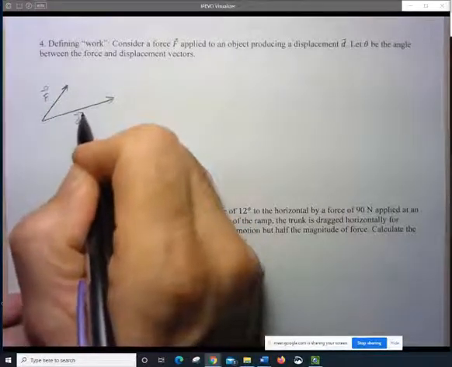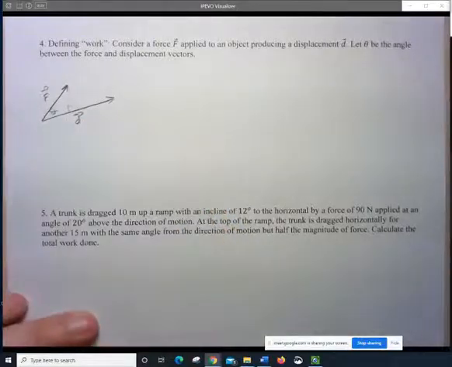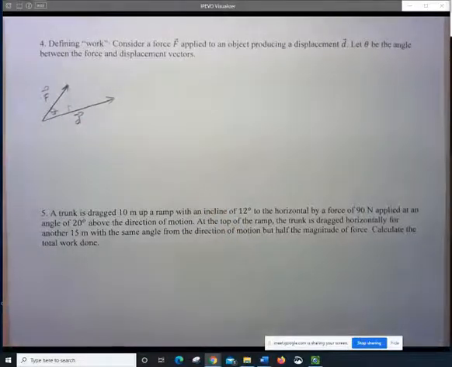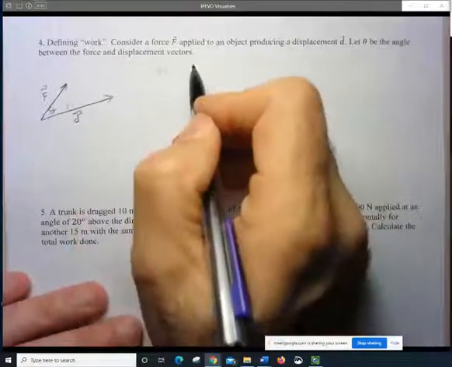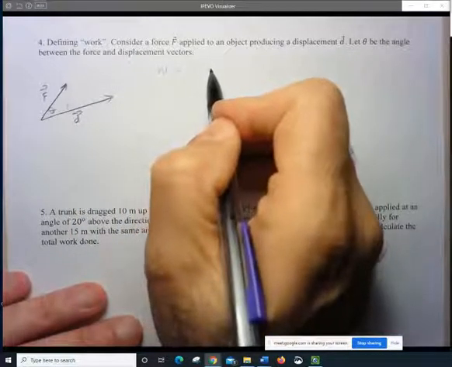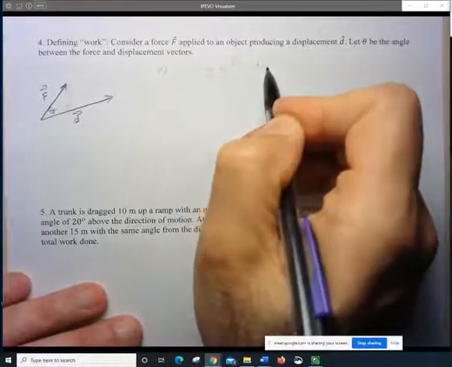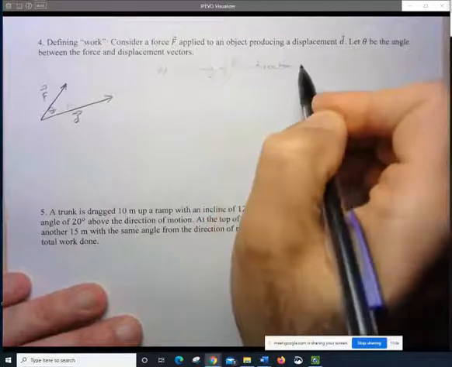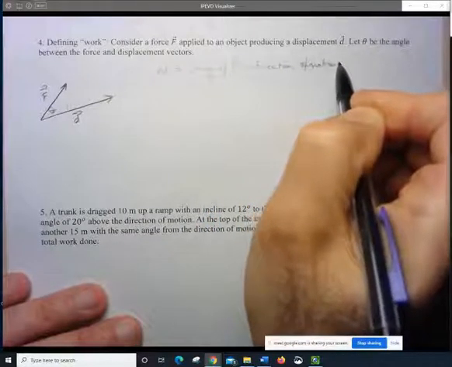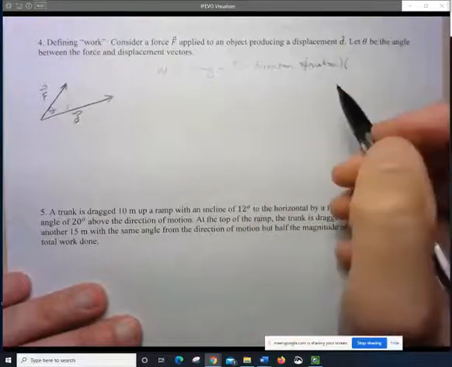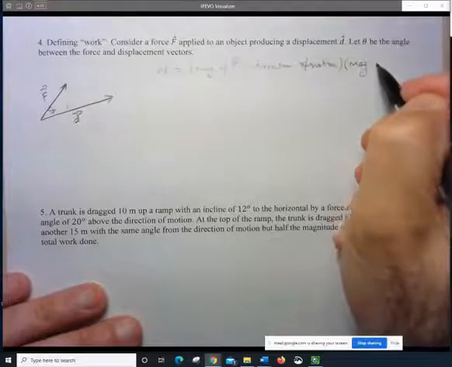So in general, if you have some force that is producing some displacement, you know that the work, which we said was given by the magnitude of force in the direction of motion times the magnitude of the displacement, or the distance.